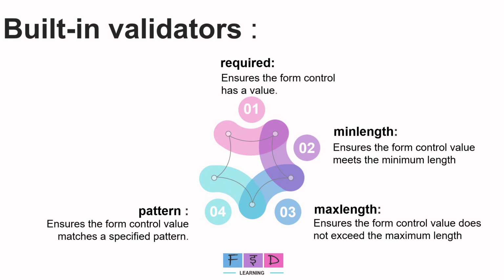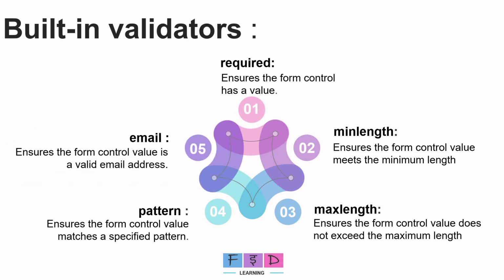If the value does not match the pattern, the form will be considered invalid. And the last validator is email. It ensures the form control value is a valid email address, and if the value is not a valid email address, the form will be invalid. So these built-in validators greatly simplify the process of form validation in template-driven forms. Now, let's open Visual Studio Code editor and see how it works in practice.